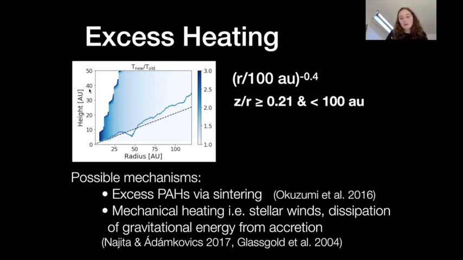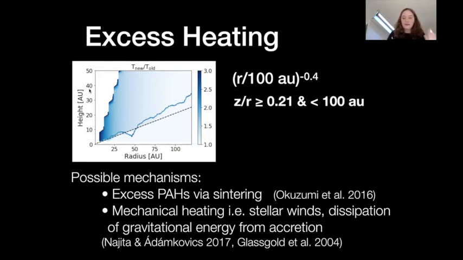And we've identified two possible physical mechanisms that RAC2D doesn't take into account that could account for this excess heating. One is excess PAHs, perhaps via sintering. So within this region, the strongest heat source is from photoelectric heating. So if we just had more PAHs, that could account for the excess heat that we needed. Another option is mechanical heating.